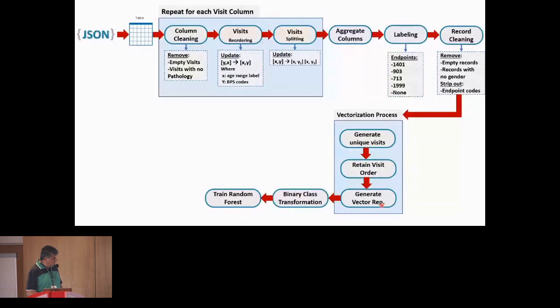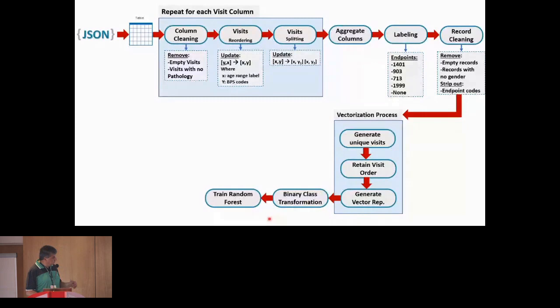Then we represent all of the data as a vector space. At this stage we have a tabular dataset where the columns are the features and the rows are the visits, so you can apply any machine learning algorithm.